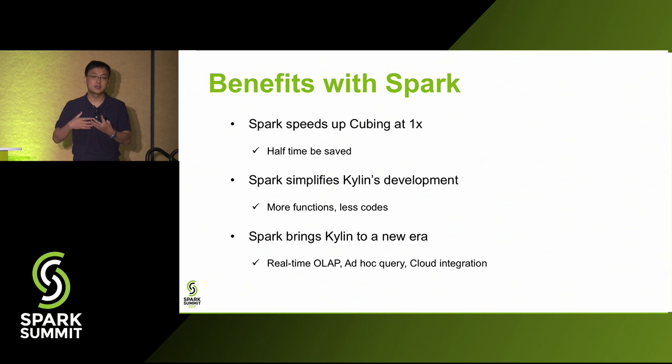So it can handle from a small data set to a very big data set. The incremental build is totally determined by your need. You can trigger the build every couple of minutes.